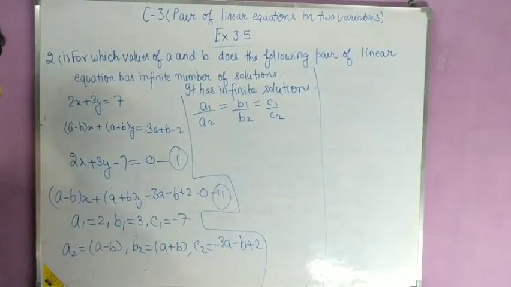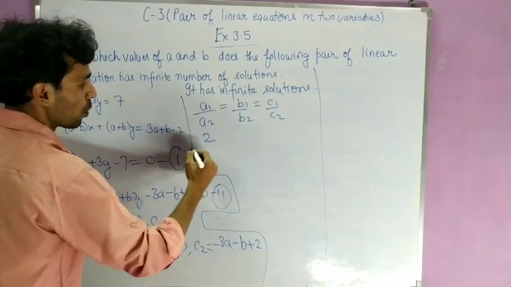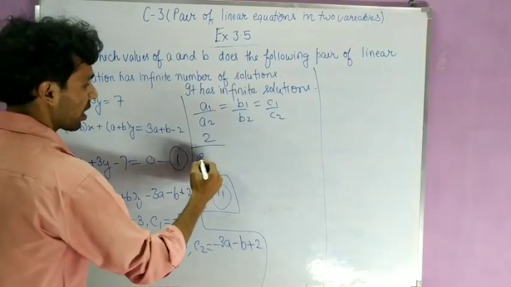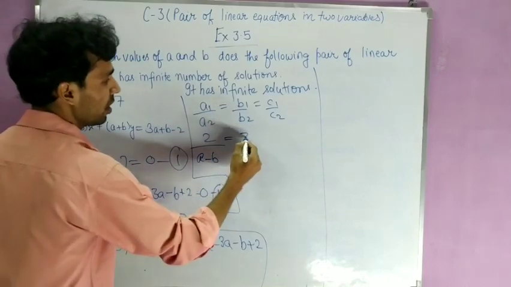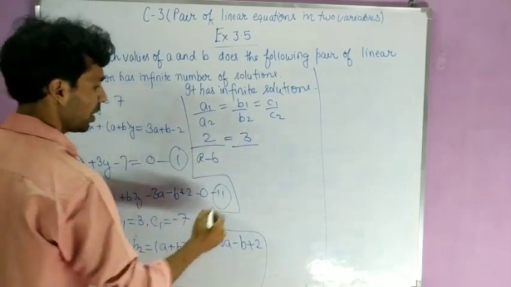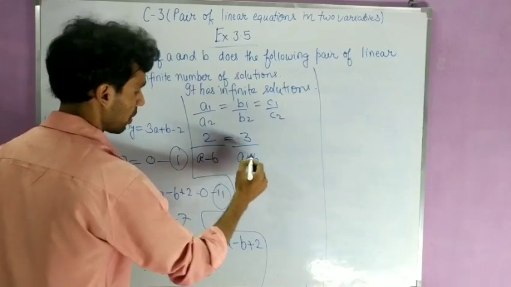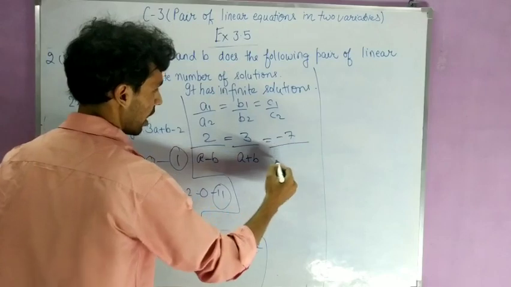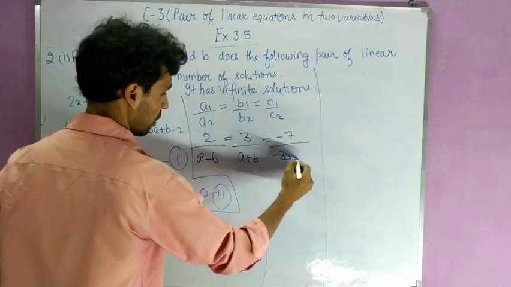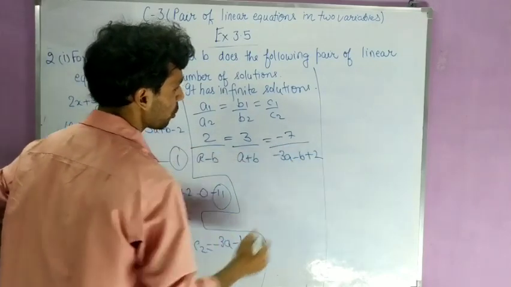Now put all the values of a1, a2, b1, b2 and c1, c2. So a1 is 2, a2 is a minus b, b1 is 3, b2 is a plus b, and c1 is minus 7 and c2 is minus 3a minus b plus 2.